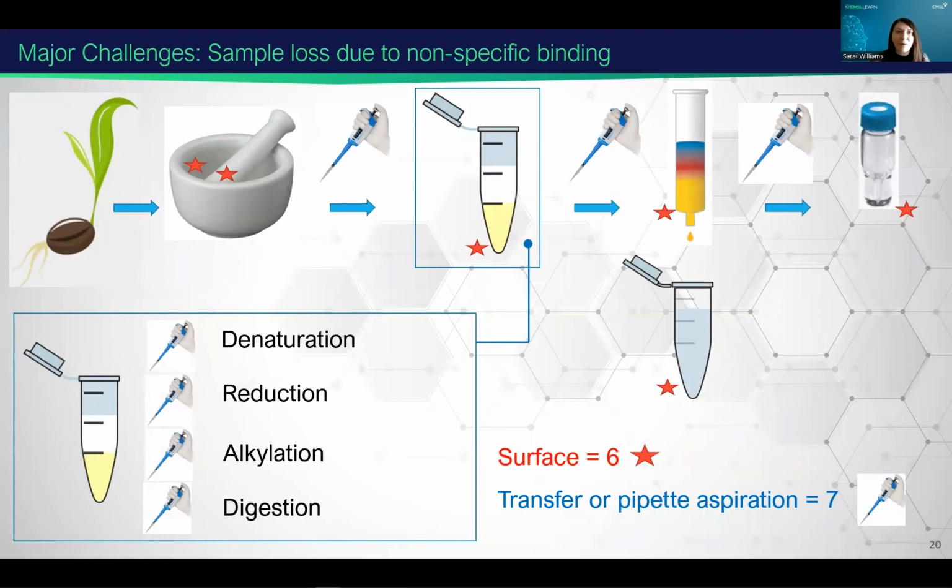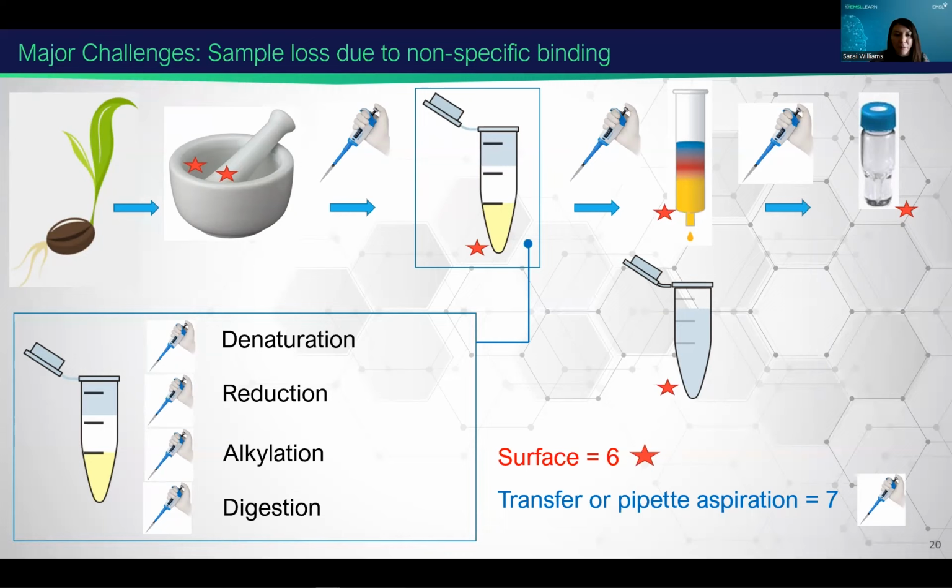And now we have another challenge on top of that challenge. We already expressed that sample loss is a huge issue, and sample material is a huge issue. With normal traditional pipelines, we have these surface areas where we are losing peptides to non-specific binding sites.